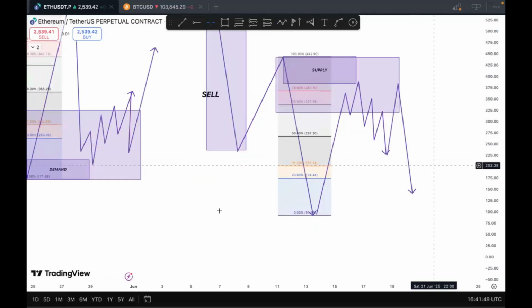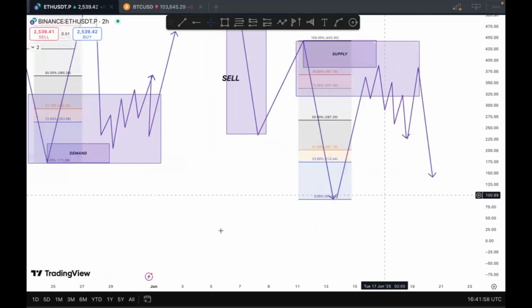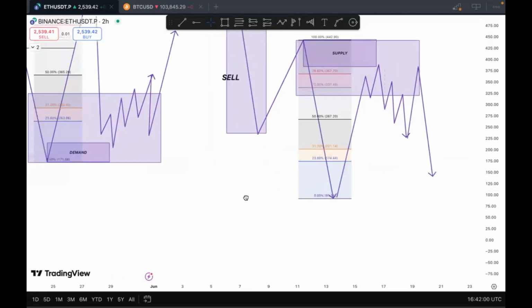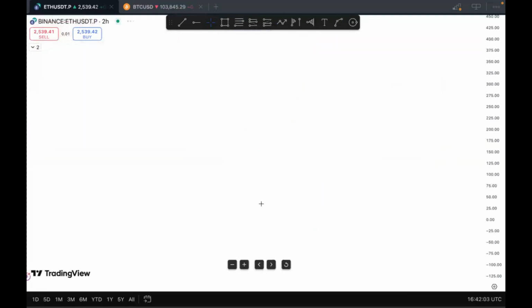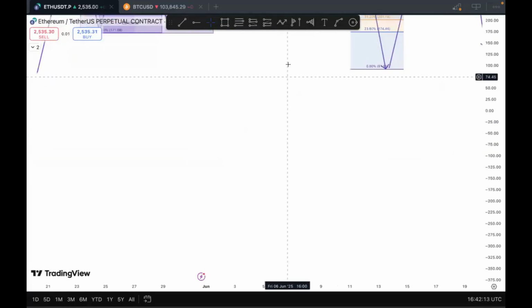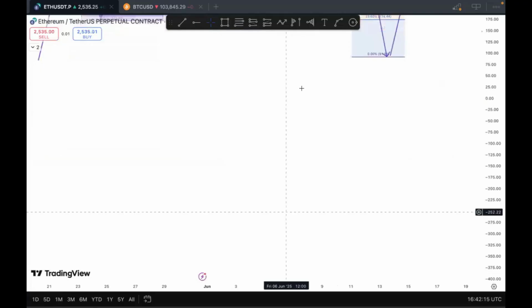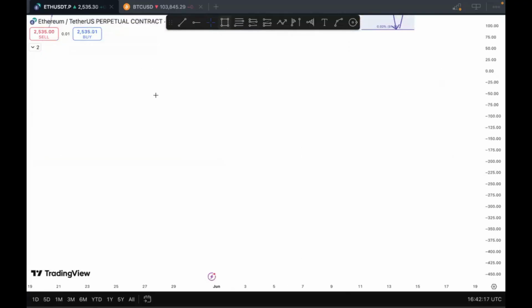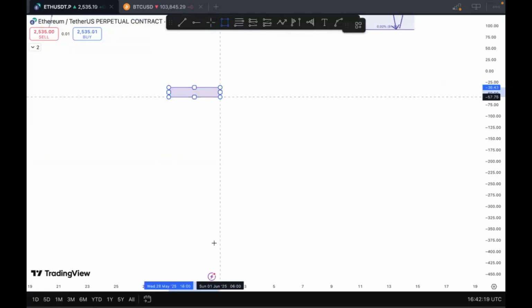So now, the next thing I want to show us on this Fibonacci retracement tool is this. On the Fib retracement tool, let's say this is a Fib retracement tool.